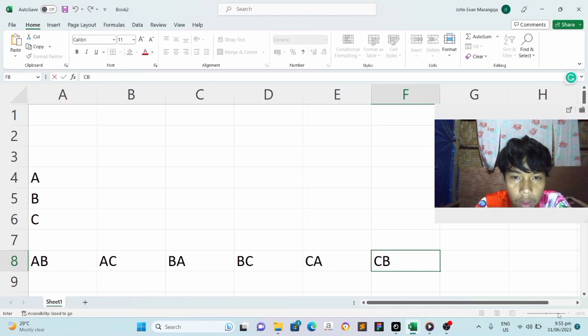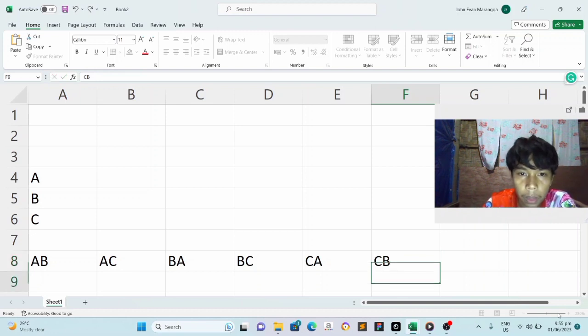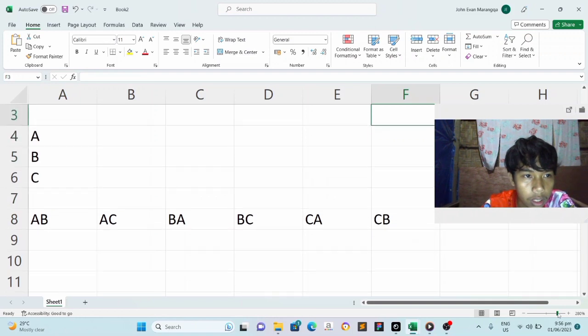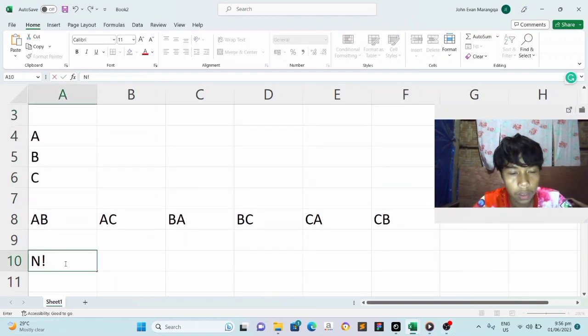To determine the total number of arrangements, in this case, we use the formula for permutation without repetition, which is given by n factorial, where n represents the number of distinct objects or elements available.